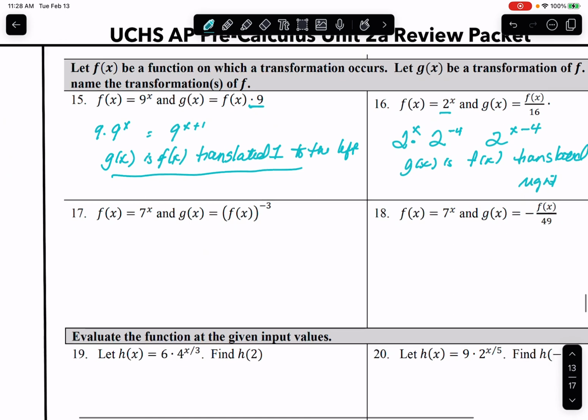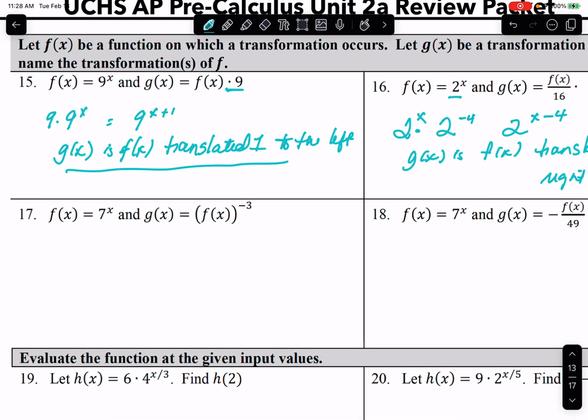Okay, now 7 to the x, and then g of x is f of x to the negative 3. So this is like power to power now. So we would have 7 to the x to the negative 3, which is 7 to the negative 3x.